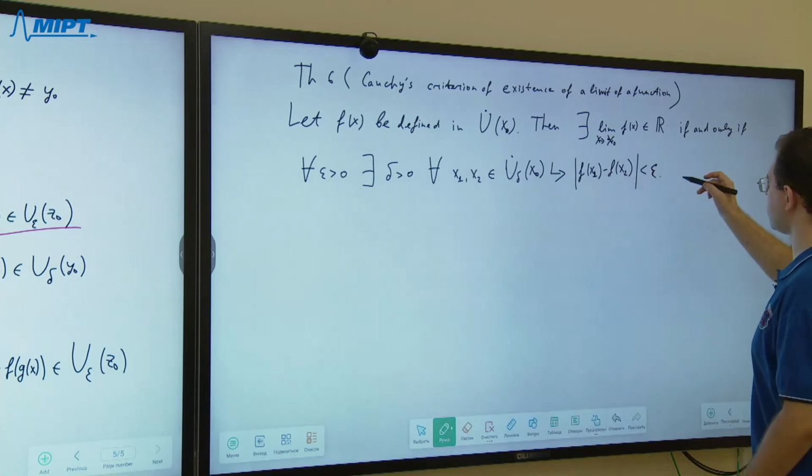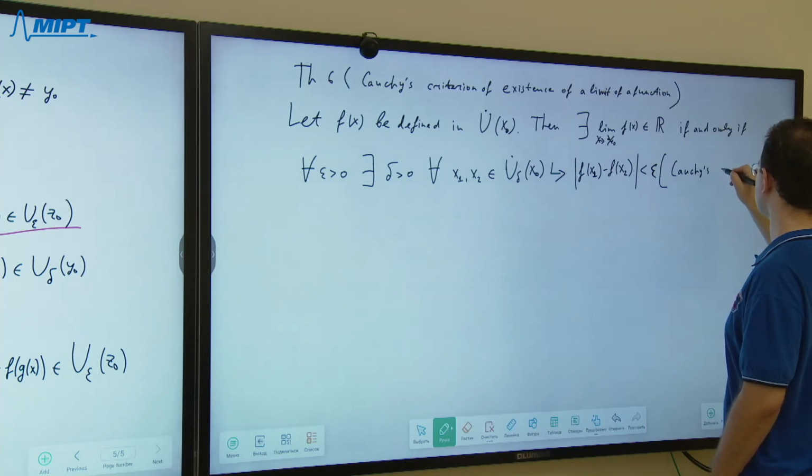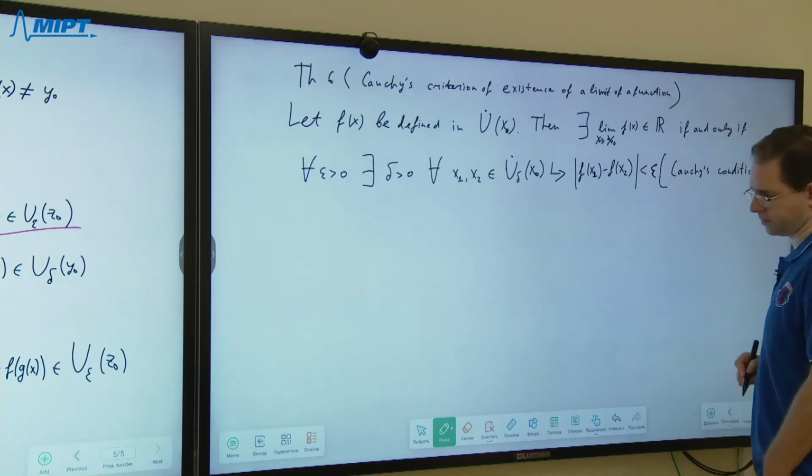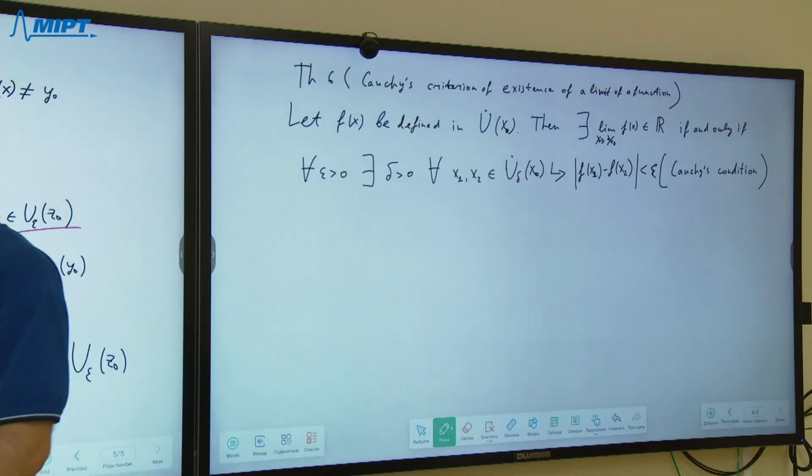So this last line is called Cauchy's condition.